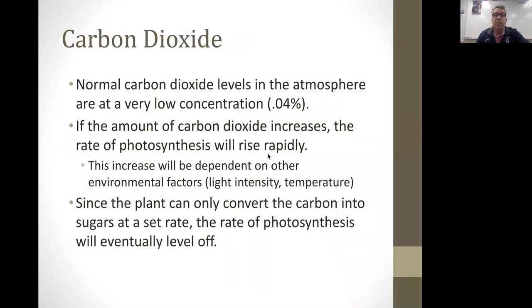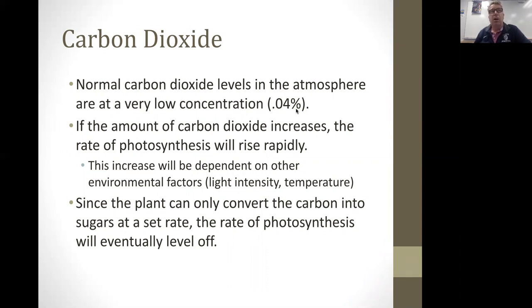And then the last is carbon dioxide. Normal carbon dioxide levels in the atmosphere are really quite low. We're at 0.4%, maybe a little bit above that. You can imagine the factor of the greenhouse gas, because the way that we measure carbon dioxide is not in percentage so much, but in parts per million.